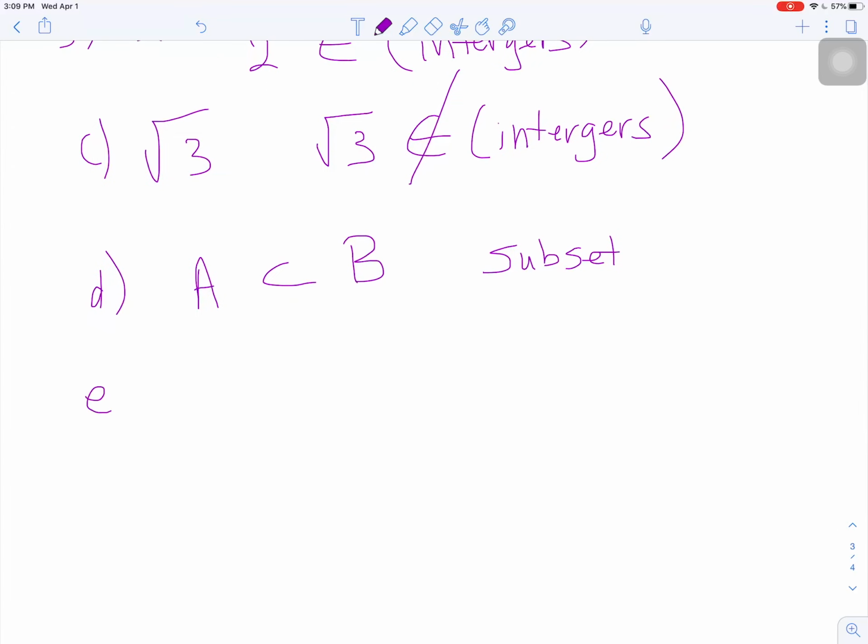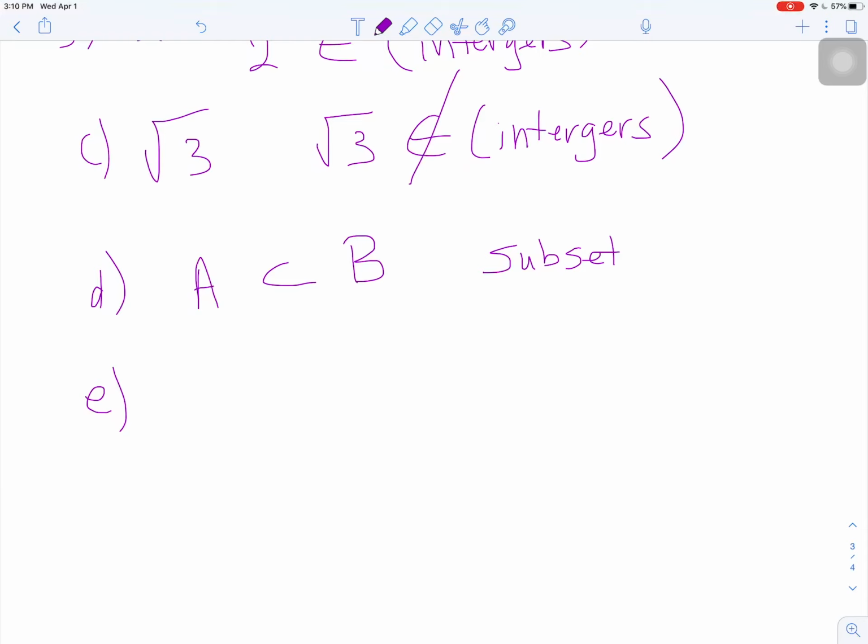All right, moving on to E. You can try it on your own at any time. Hit pause and see if you get it right. E, A equals R, and R stands for real numbers, and Q stands for rational numbers.